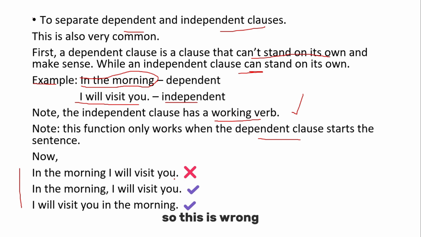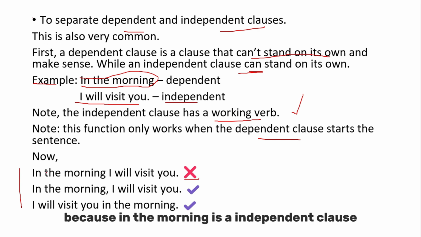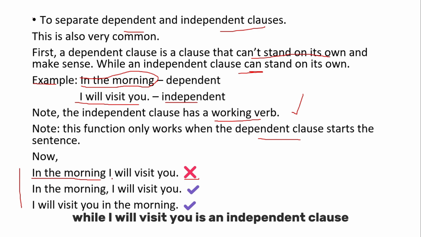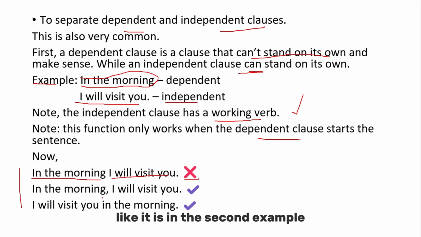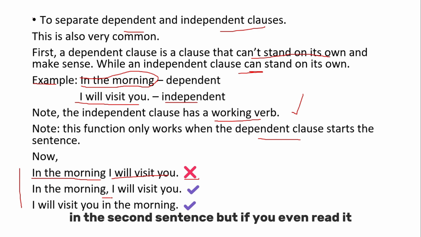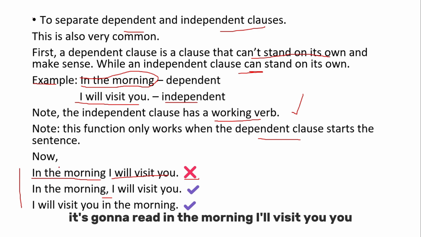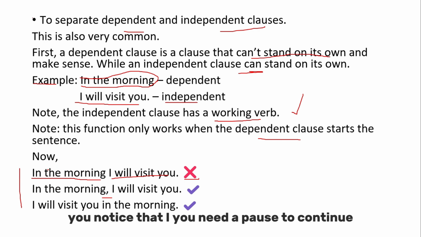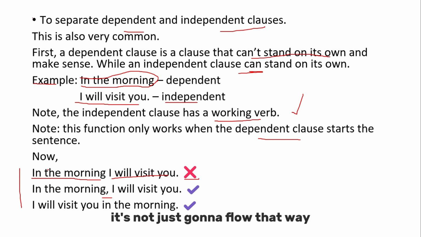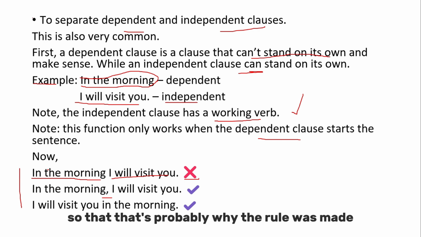This is wrong because "in the morning" is a dependent clause, while "I will visit you" is an independent clause. They're meant to be separated by a comma like in the second sentence. If you read it, "In the morning, I'll visit you," you notice that you need a pause to continue. It's not just going to flow that way.